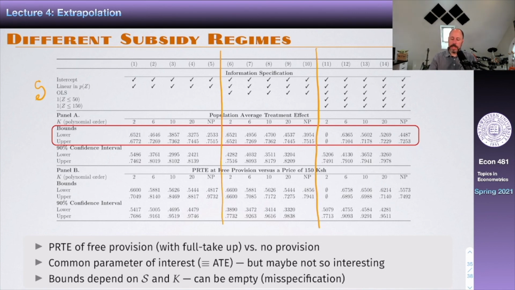Then you go to panel A, which has lower and upper bounds for the average treatment effect. The bounds get larger as you go from more assumptions to fewer assumptions, meaning from a more restrictive model to a more flexible one, the extreme being the non-parametric case.